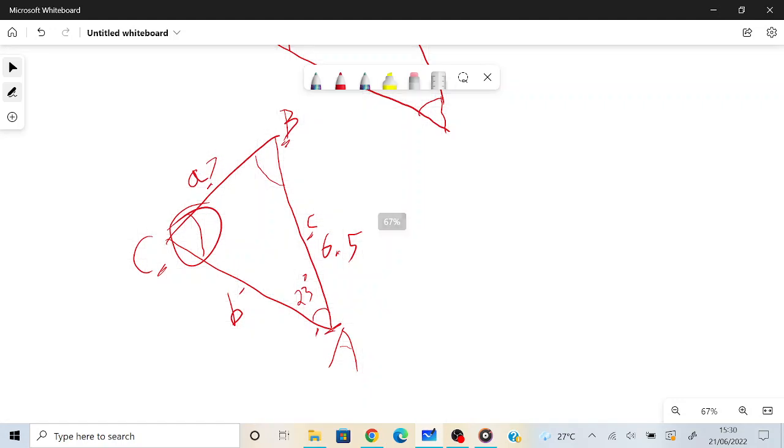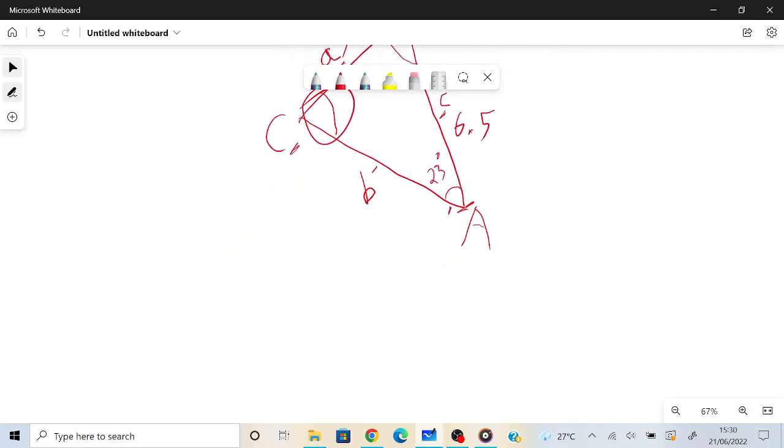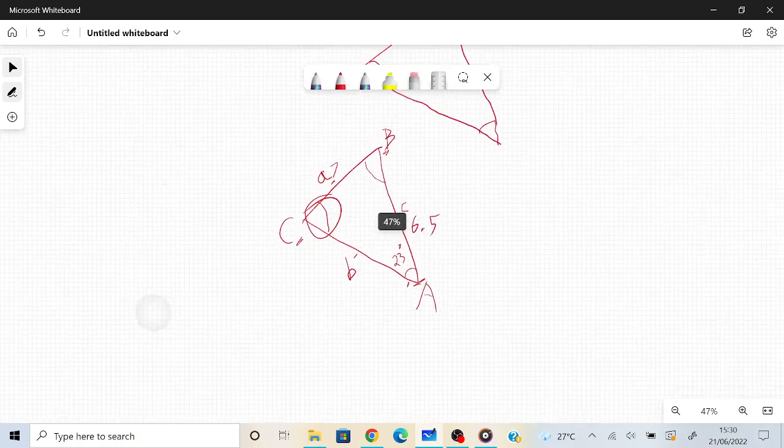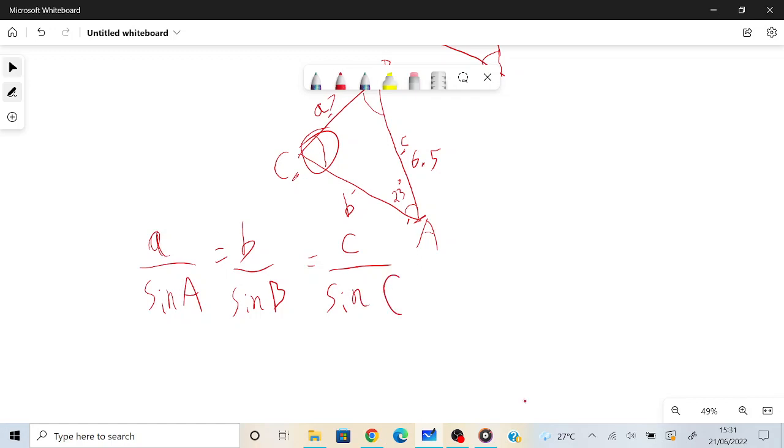Now, in order to do this, you would need to use a formula. And the formula that you will use in general is small a over sine A equals small b over sine B equals small c over sine big C. Now, as you can see, I've equated it 3 times.